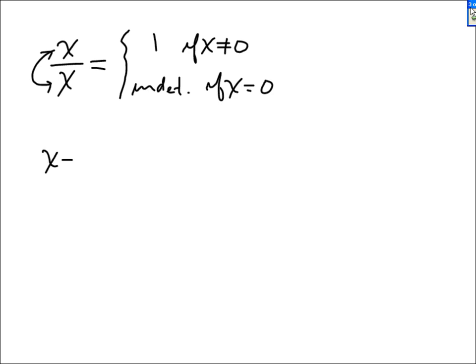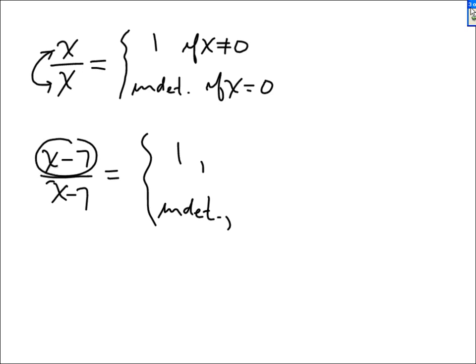Now, if you have, say, x minus 7 over x minus 7, we're going to have a similar situation. Sometimes it's going to be 1, and sometimes it's going to be indeterminate. The question is, when? First of all, they're both the same.